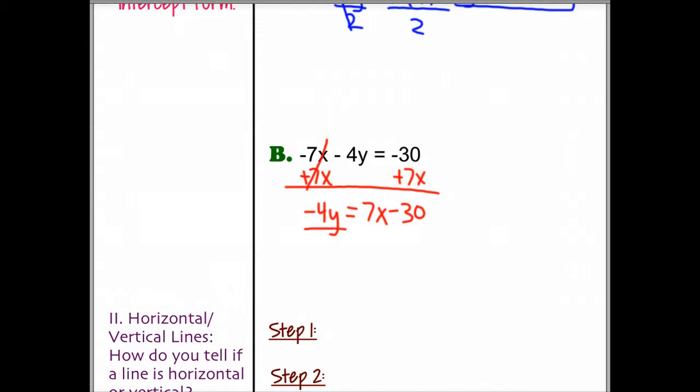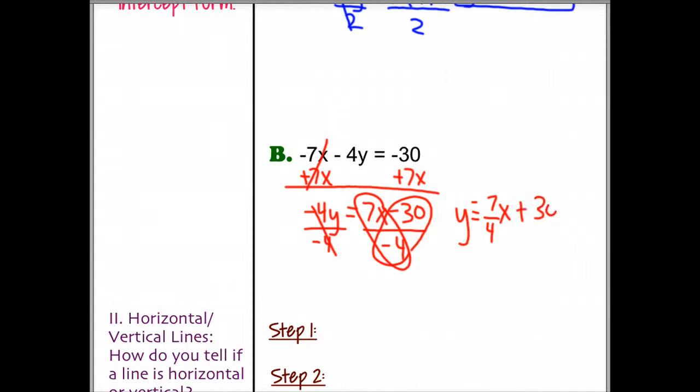And we can divide by negative 4. And we have that y is equal to, we want to split this up, negative 7 over 4x plus 30 over 4.